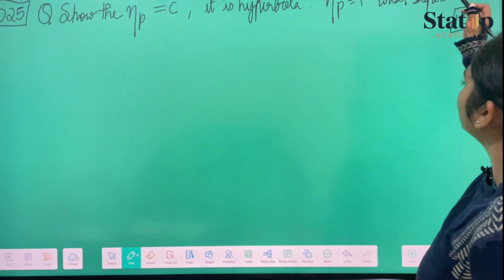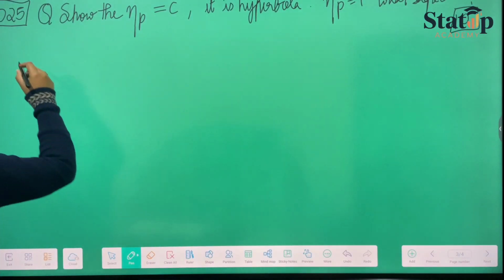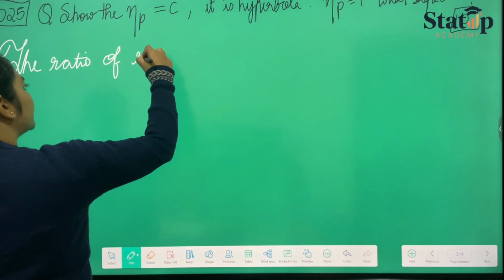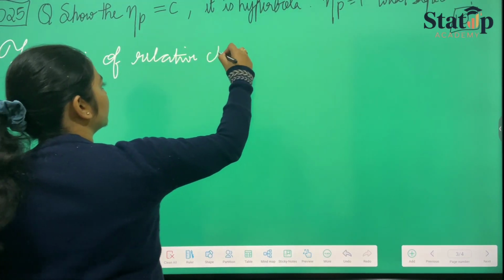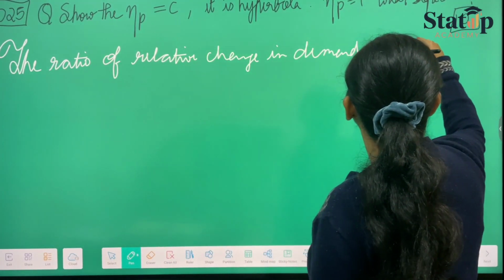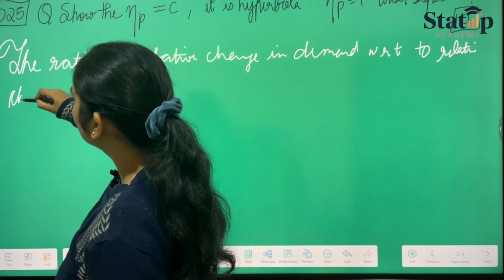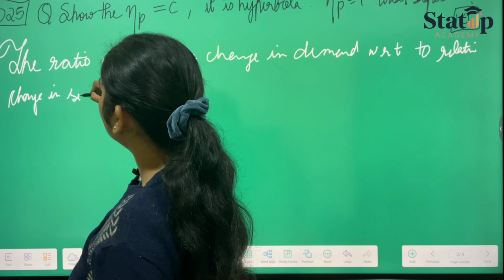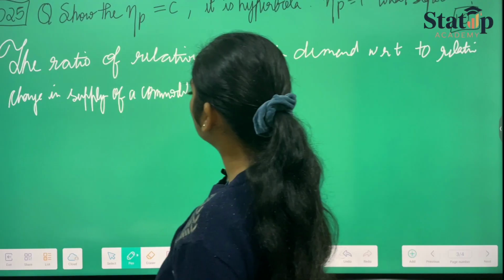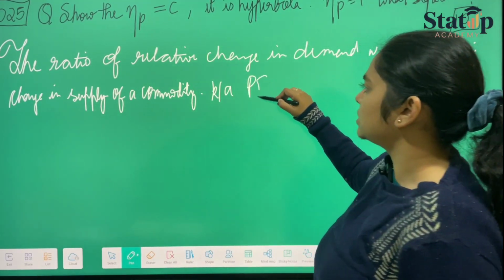First of all, we have to define in this question what we mean by price elasticity of demand. Price elasticity is the ratio of relative change in demand with respect to the relative change in price of a commodity, known as price elasticity of demand.